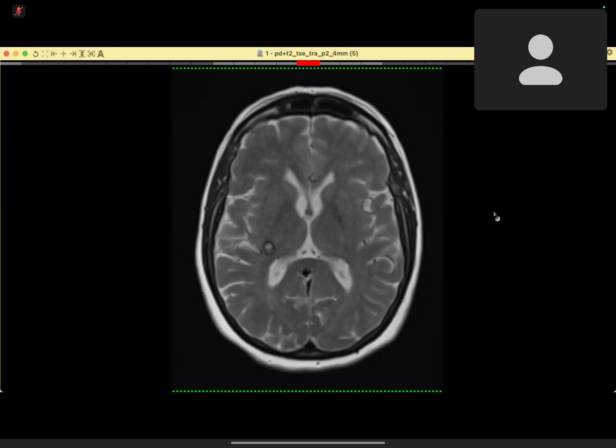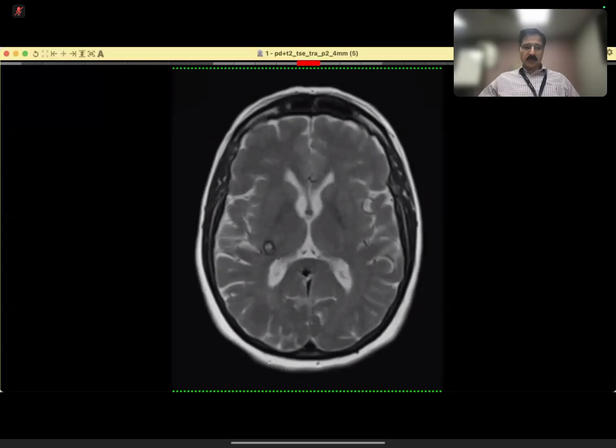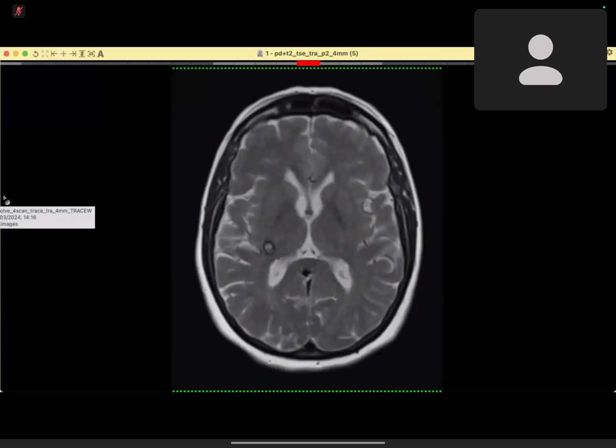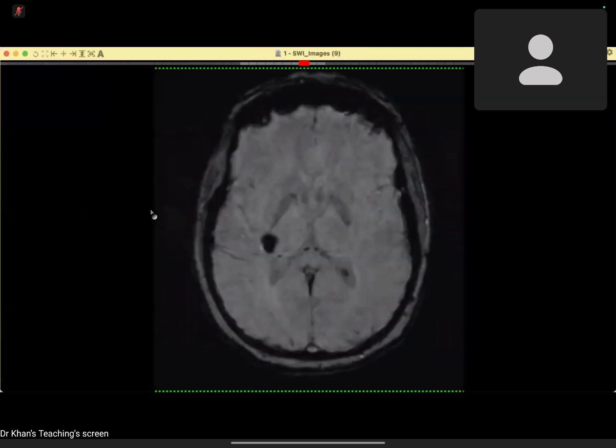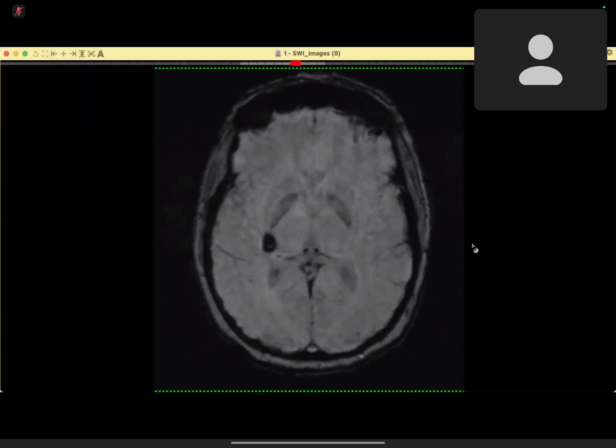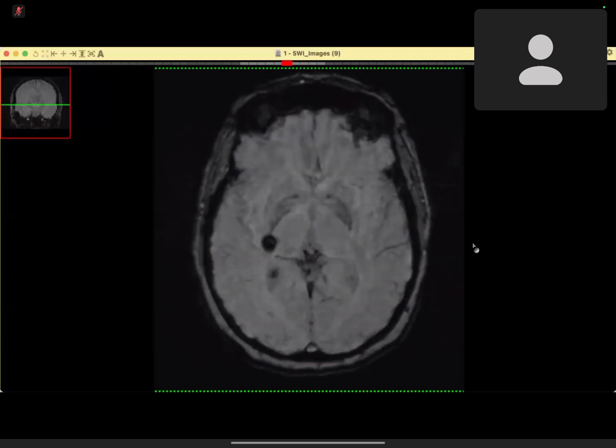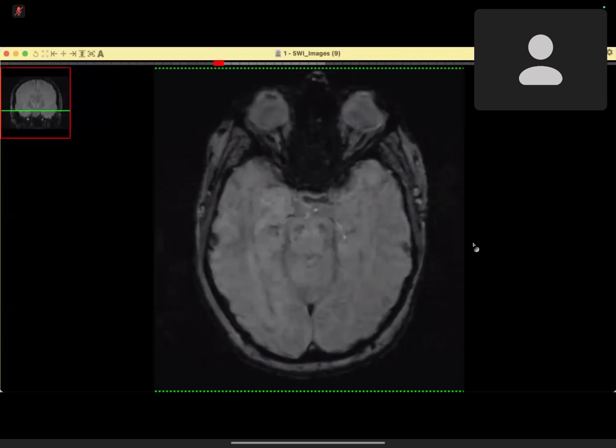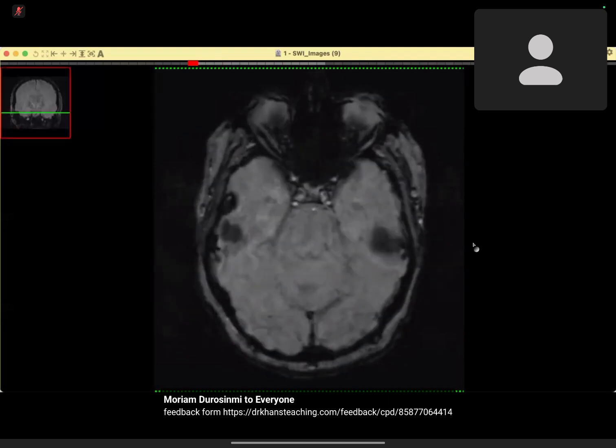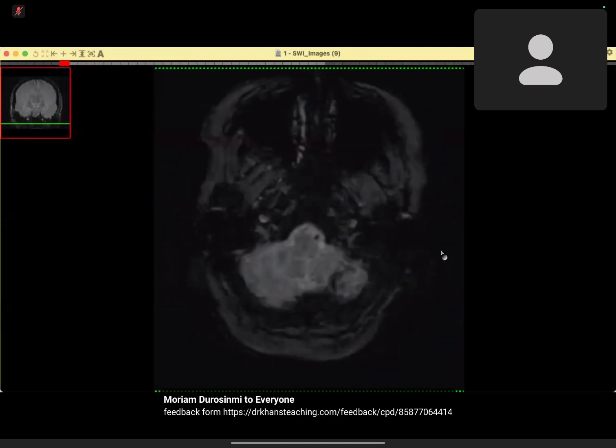In my routine practice, I also want to check the rest of the images to see if there is any similar cavernoma in this study. Which sequence would you like to see for that? SWI. Yeah, in SWI, I can see that this lesion causes susceptibility artifact. Okay, I will scroll quickly through the images.